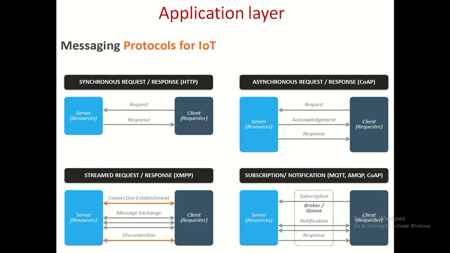So the XMPP protocol makes use of full-duplex communication, where a link is established first and data exchange takes place, and then once the purpose is done, a command is sent to the server saying that the connection is disconnected.